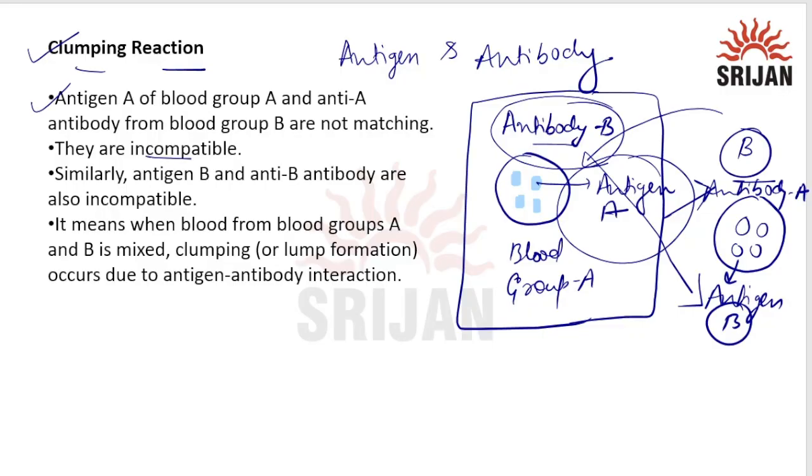Such conditions are known as incompatible. Similarly, antigen B and anti-B antibody are also incompatible. It means when blood from blood groups A and B is mixed, clumping or lump formation occurs due to antigen antibody interaction, or simply the antigen antibody reaction. I hope the topic is clear to you. Thank you.